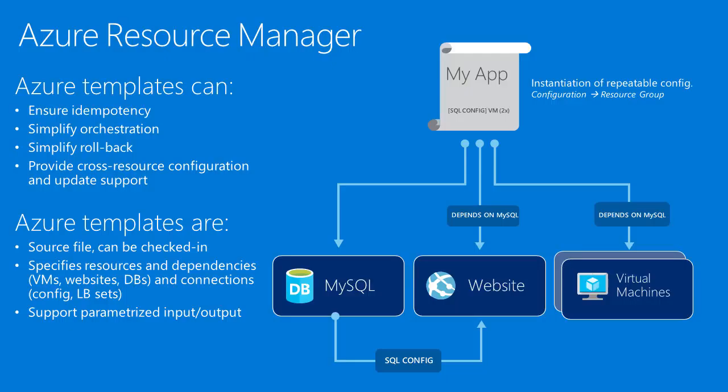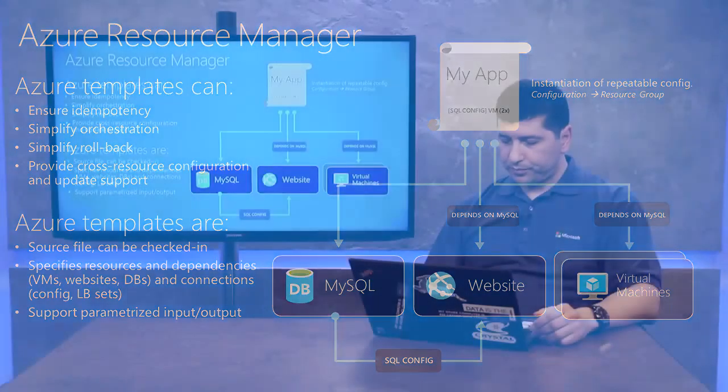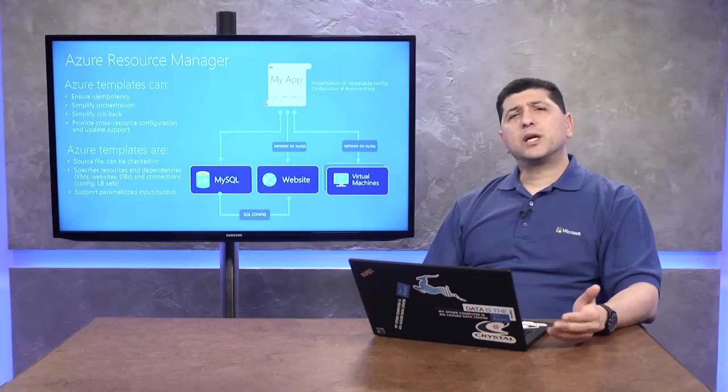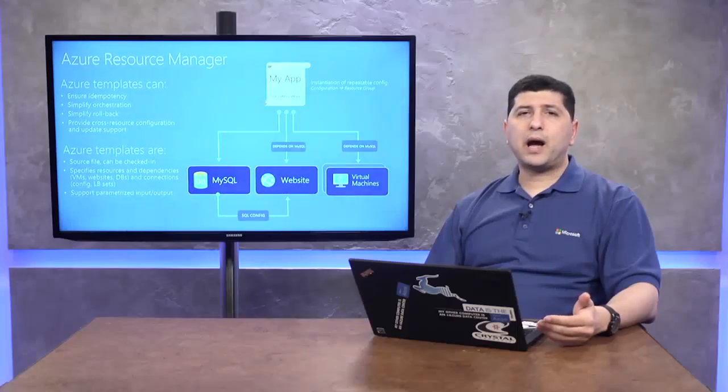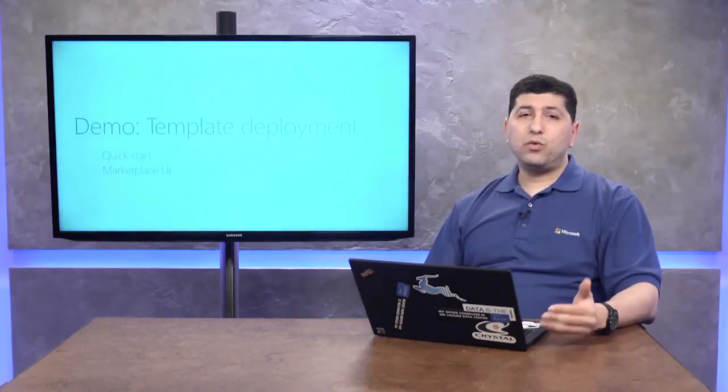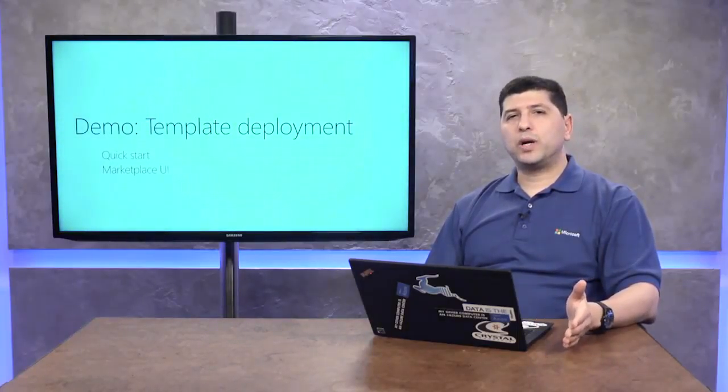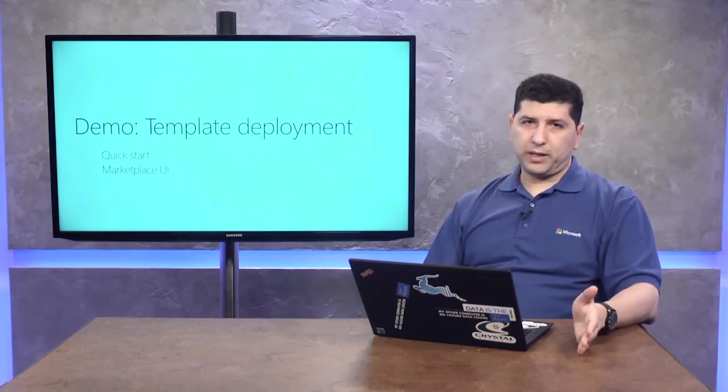You can specify all the resources and dependencies on them. You also get parameterized input and output for your application. So let's take a look at some examples of these templates so you get an idea, and then we'll talk about how you can move from deploying these templates to actually moving them into the marketplace.